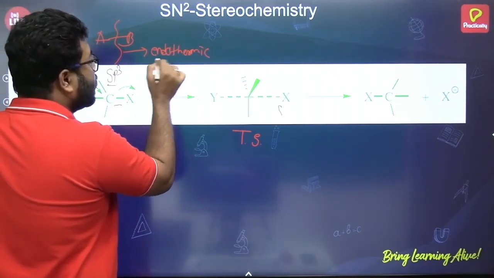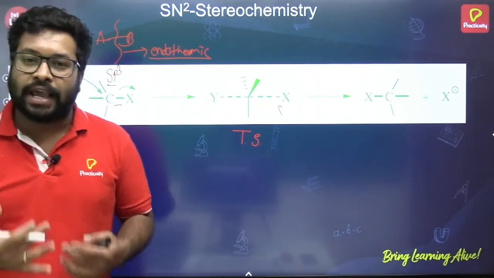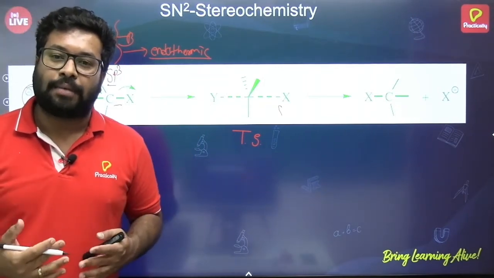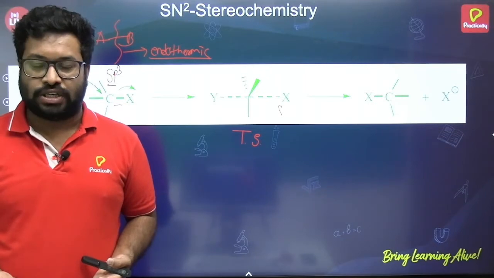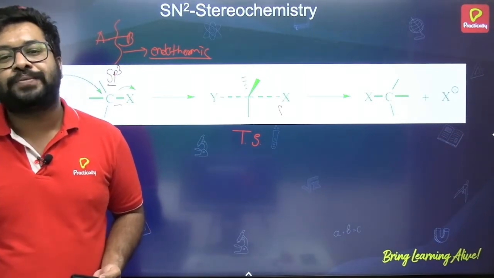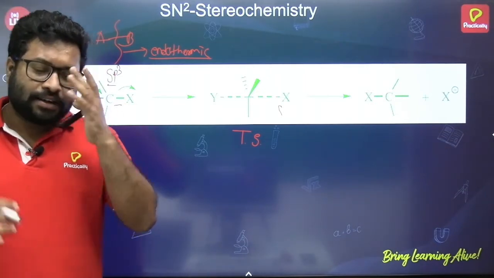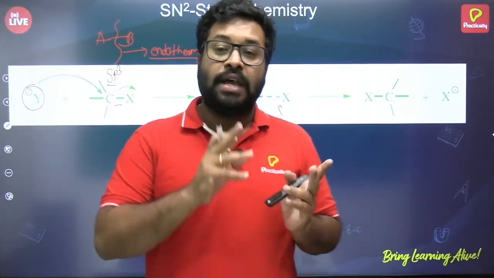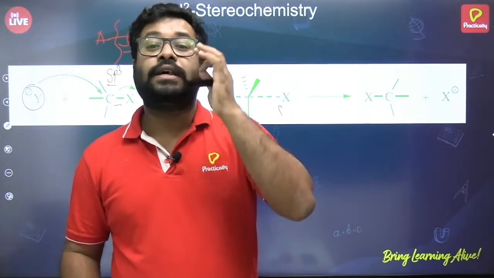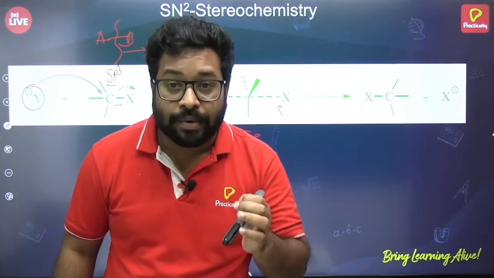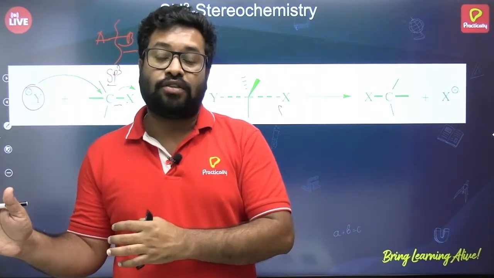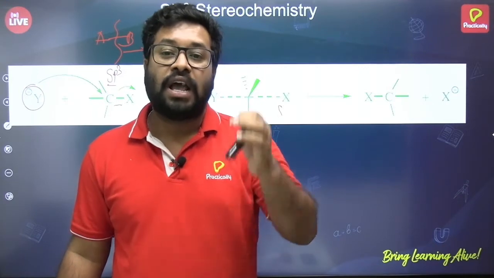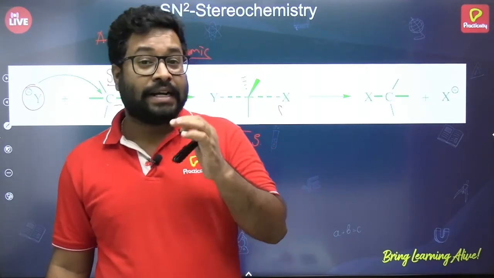Every bond breaking process is endothermic. So here, whenever this reaction was happening, you need to provide the energy. So where do you get the energy from? Let me tell you that. If bond breaking is endothermic, bond formation has to be exothermic, and it is exothermic.